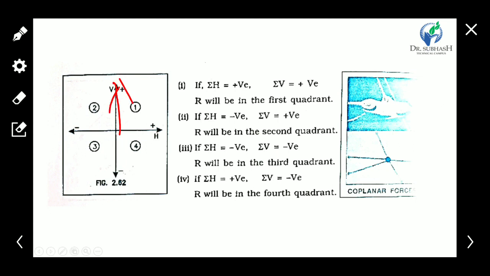So if the summation of horizontal component is positive and the summation of vertical component is positive, both positive, then the resultant is in the first quadrant.